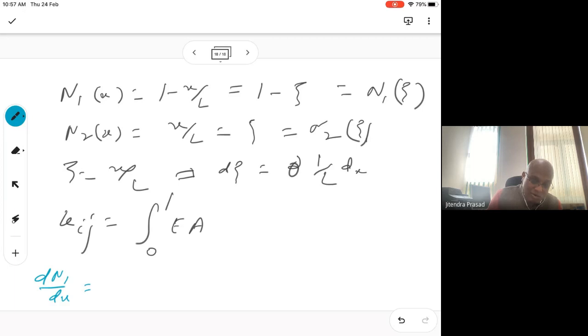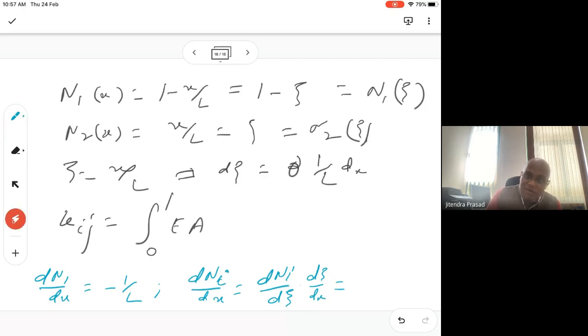Will be equal to minus 1 over L, right? This we could have written also like this: dNi over dx equal to dNi over d xi and d xi over dx. Yeah, we can also write like this one.